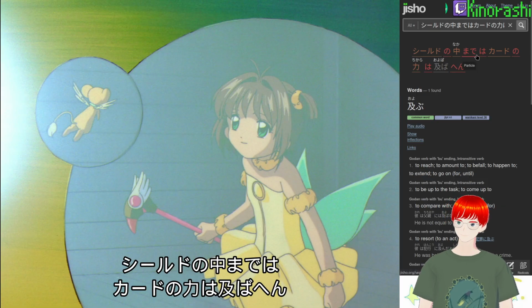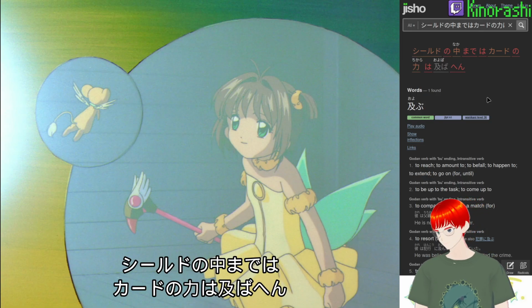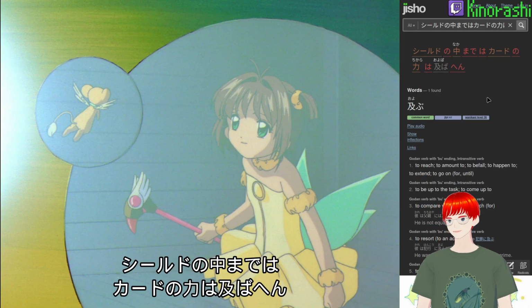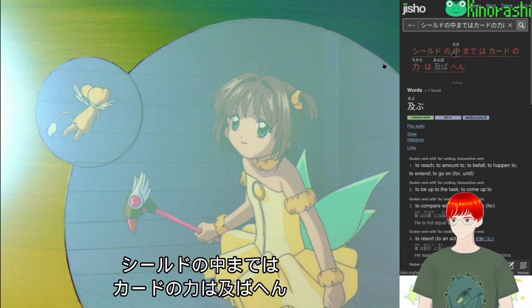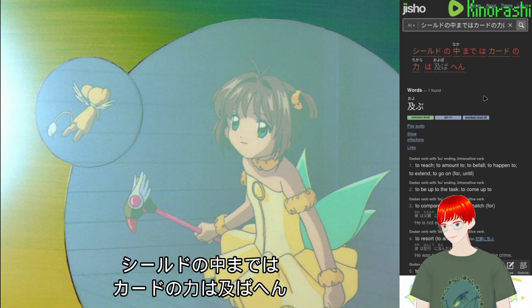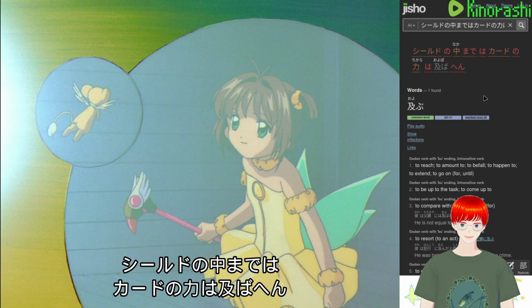And so it's not able to reach up to the point of within shield, or inside of shields. But it can reach every other point before that, but up to that point of being within shield, it can't reach.